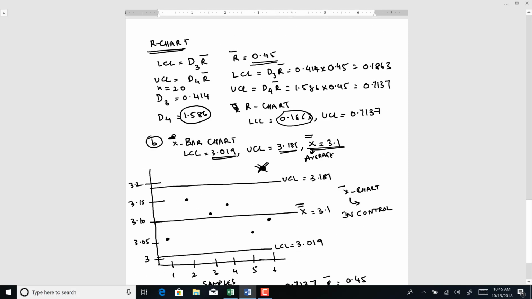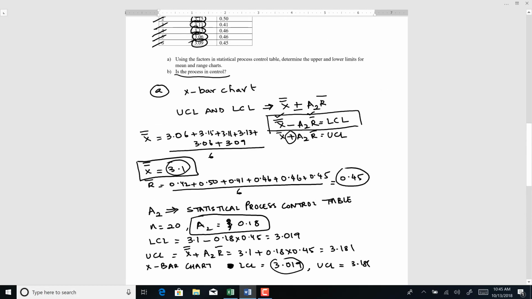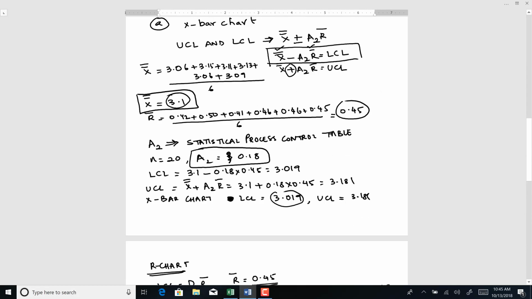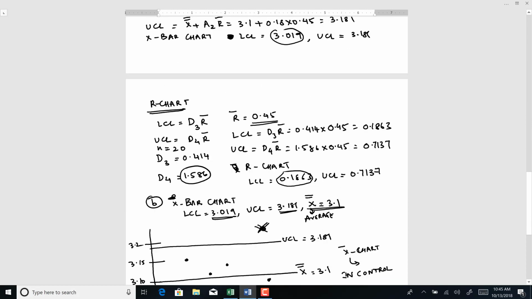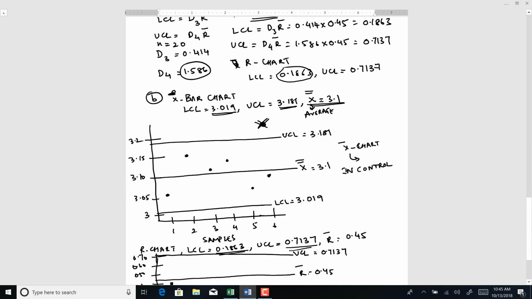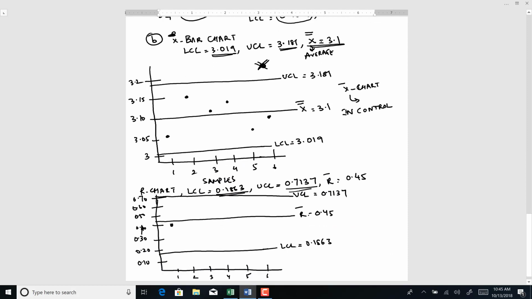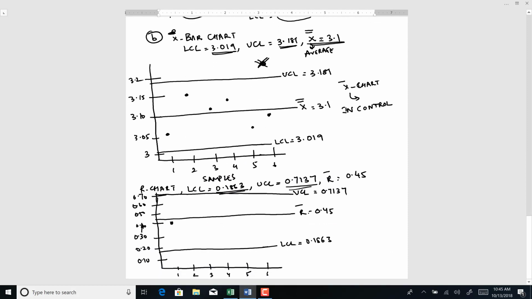The next one, sample 2, is 0.50, so that will be somewhere here.